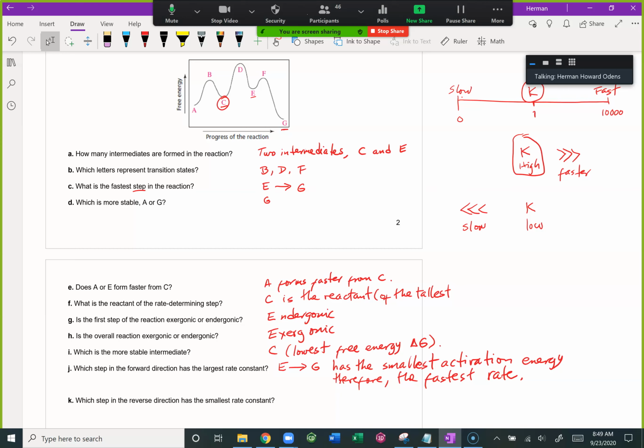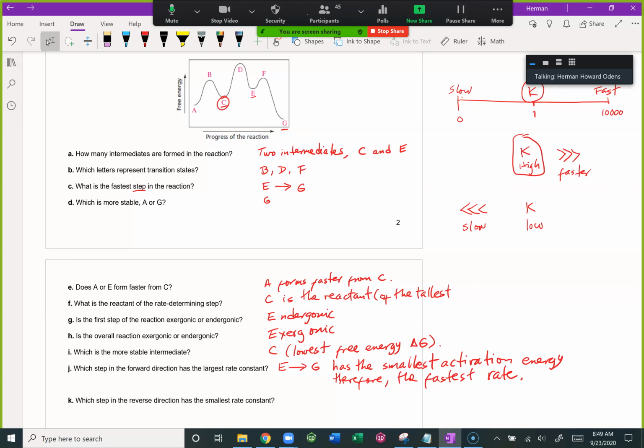Oh, we're doing the reverse direction. Reverse. Starting from G now. We're flipping the tortilla. So would it be E to C? E to C. That's a really good guess. That would have been my guess too, but the answer is G to E.